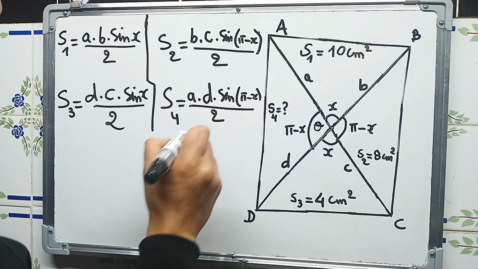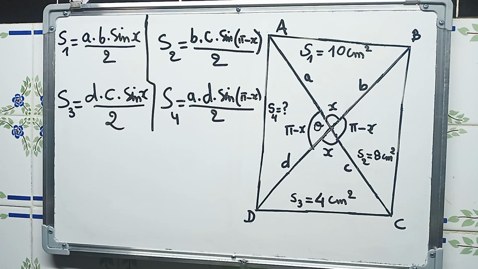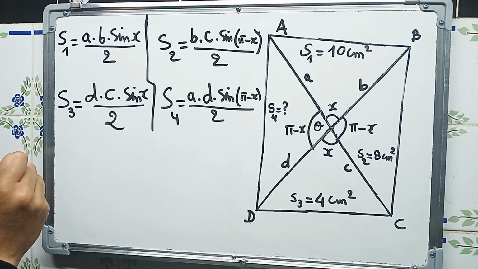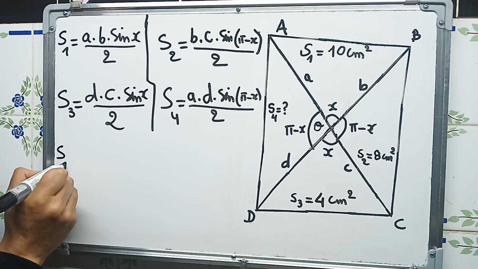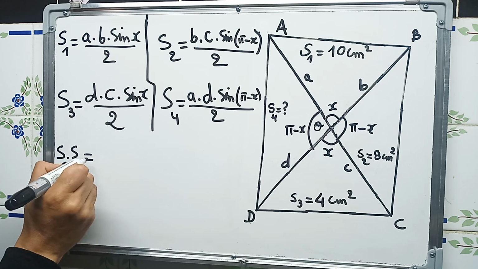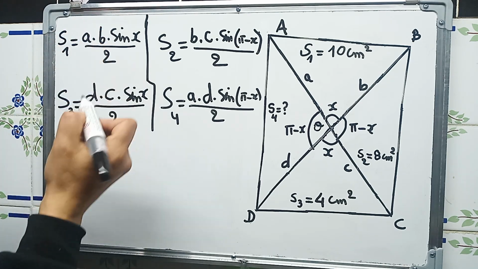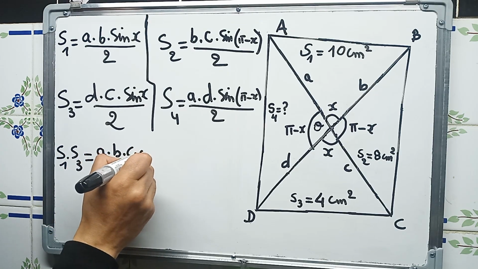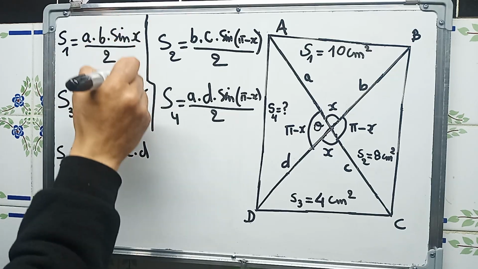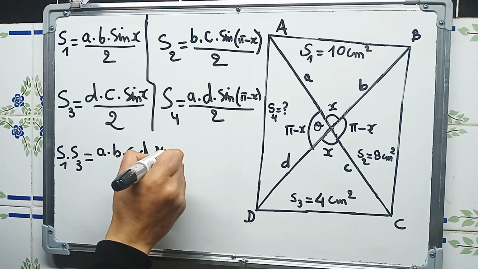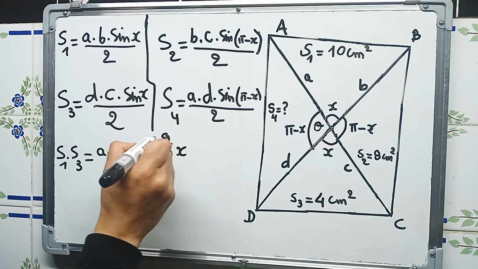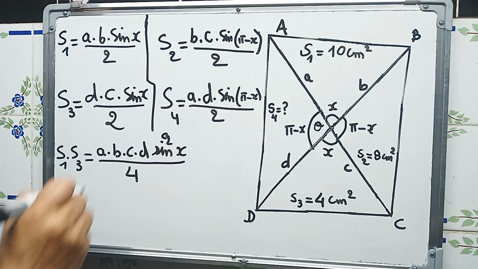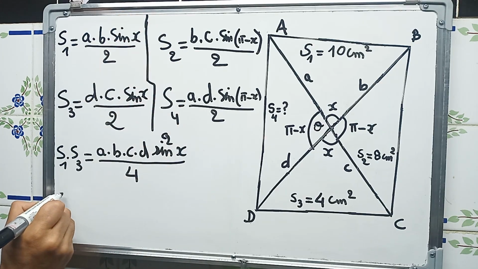Now let's evaluate the product S1 times S3. So we have S1 times S3 is equal to EB DC, or ABCD, it's the same, the product ABCD, sine X two times, which is sine squared of X, over 2 times 2, which is over 4. Let's see S2 times S4.